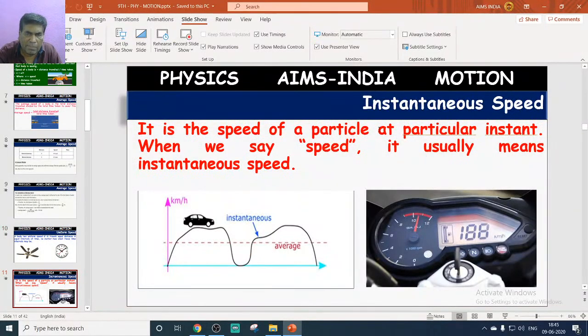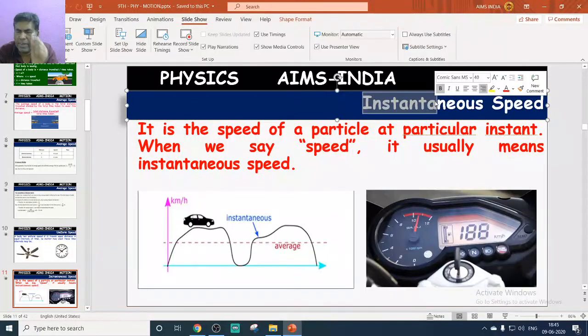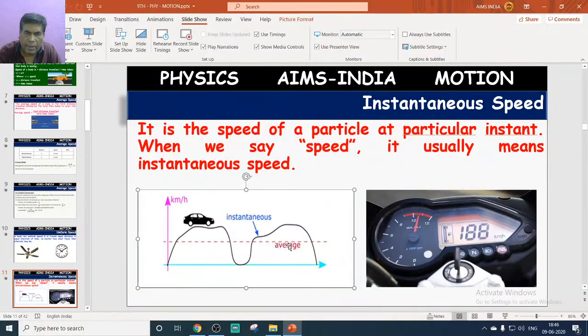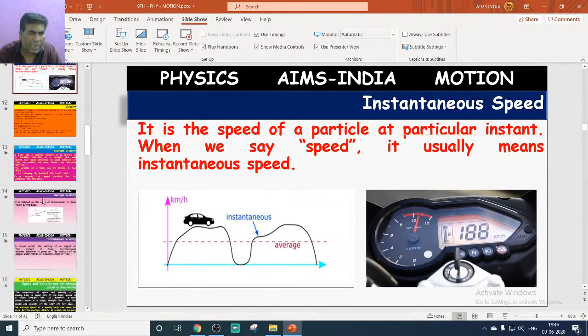Instantaneous speed means the speed at one particular instant, a very small interval of time. Instantaneous speed will be shown by the digital speedometers or normal speedometers. Average speed depends on the whole journey, but instantaneous speed never depends on the whole journey.